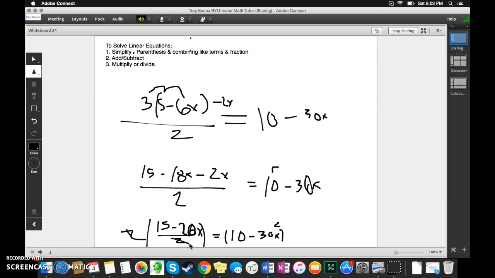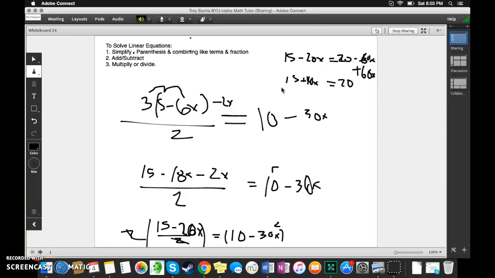Those cancel out. We're left with 15 minus 20x equals, oh, no, 20 minus 60x, because we multiplied that side by 2. Alright, so now that that's done, we can add or subtract. I want to add 60x, because positive x's are nicer to deal with. So that's 15 plus 40x equals 20.